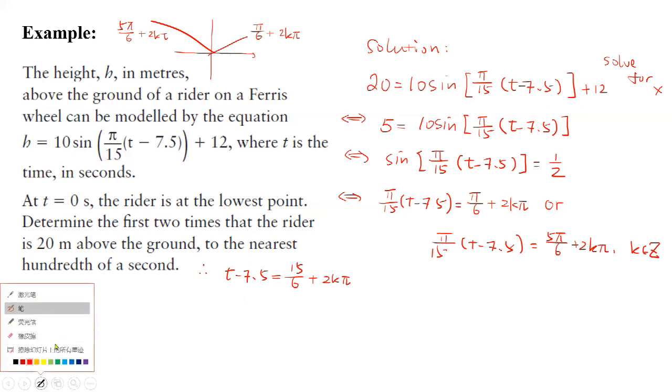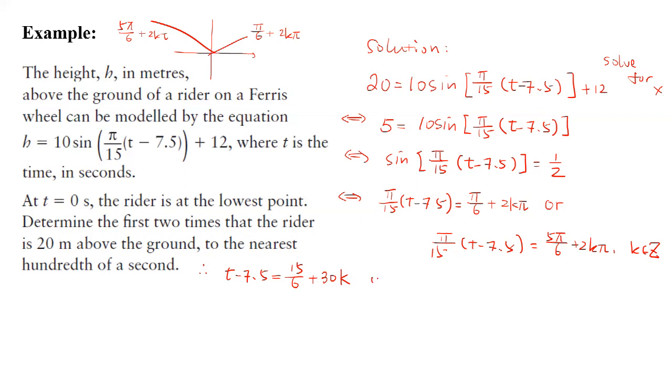All right, made a mistake here, not 2k pi. T minus 7.5 should be 15 over 6 plus 30k, right? Or from the second branch, we have t minus 7.5 equals 75 over 6 plus 30k, right? Where k belongs to an integer set.